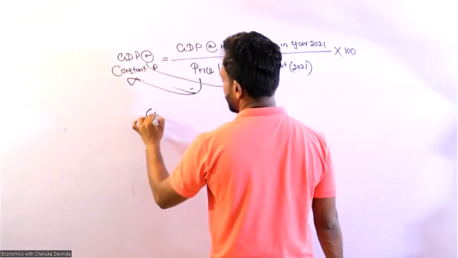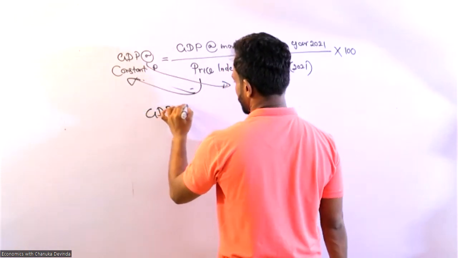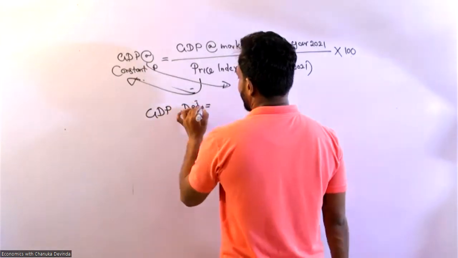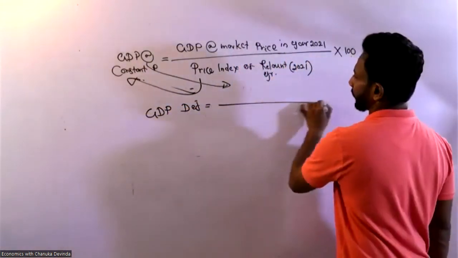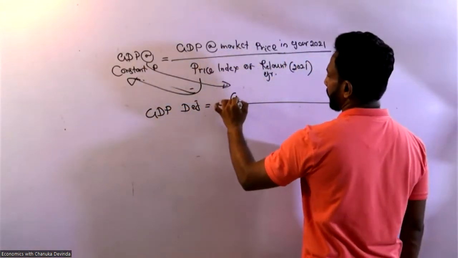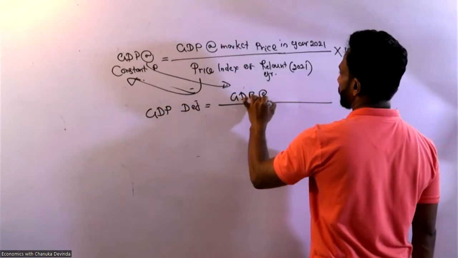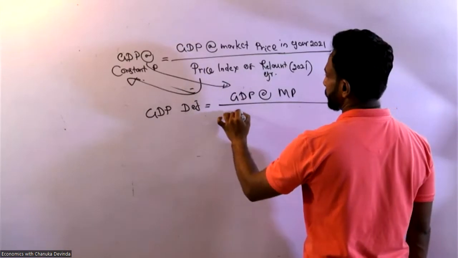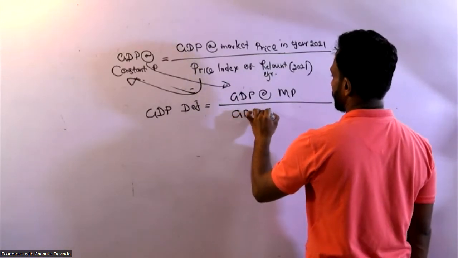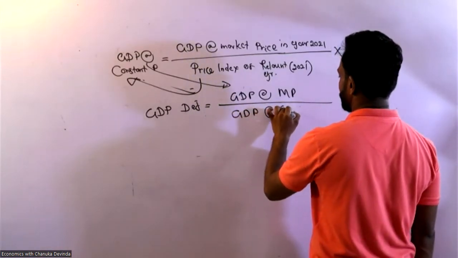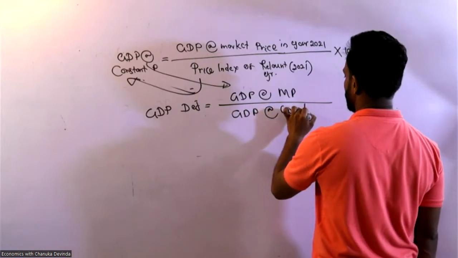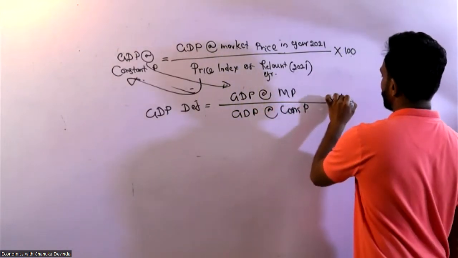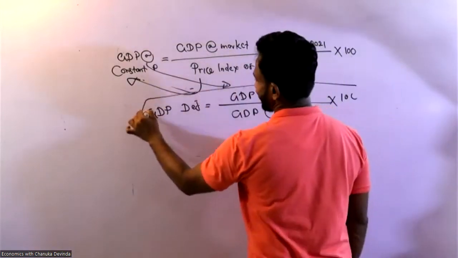So GDP deflator equals GDP at market price above and GDP at constant price below, into 100. That is the GDP deflator.